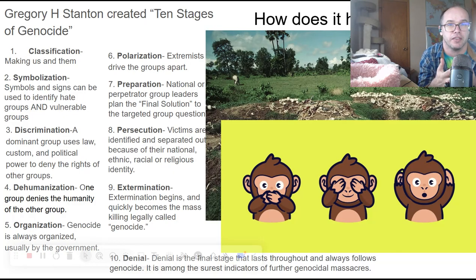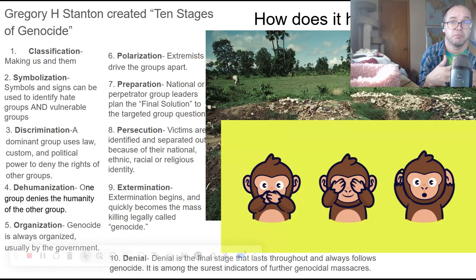It's denying that it was planned. It's denying that the genocide happened. Or if it did happen, it wasn't that bad. And if it was that bad, they had it coming. These are the types of things that will be said in a denial. And the more that people believe the denial, the more likely it is to happen again.